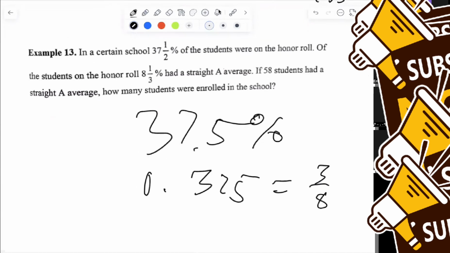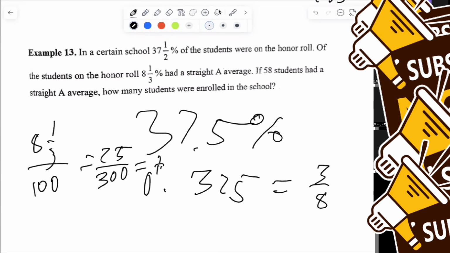Of the students that are on the honor roll, 8 and 1/3% had a straight A average. This is just 8 and 1/3 out of 100, or it's just 25 divided by 300, or 1 in 12.